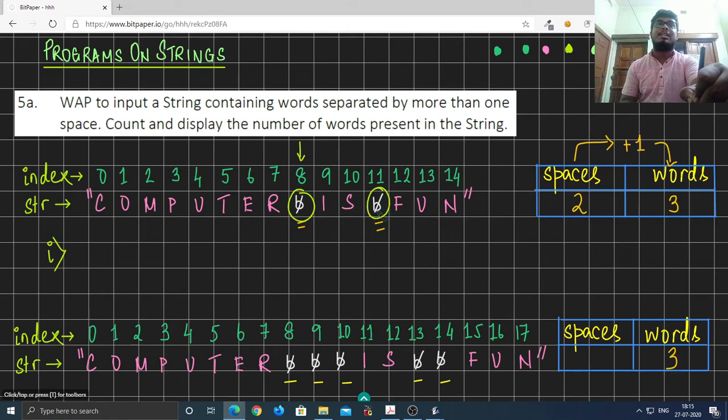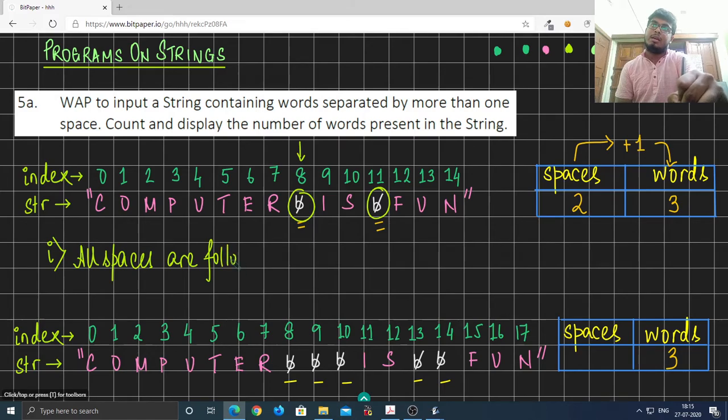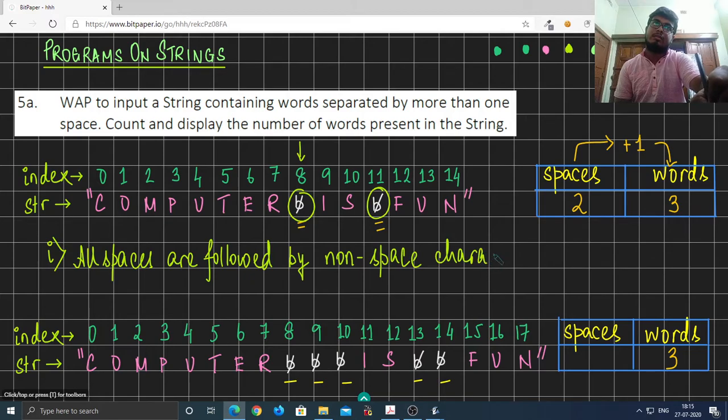Moreover, this space is followed by F, which is also a non-space character. So in a string where the words are separated by a single space, all spaces are followed by non-space characters. Moreover, the character following the space is the start of a new word, isn't it?